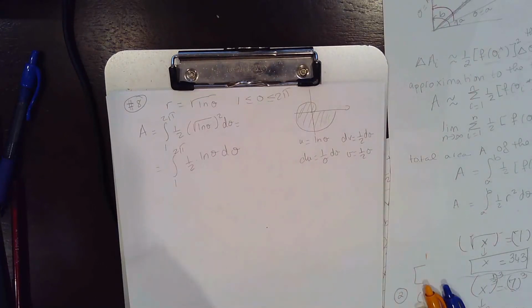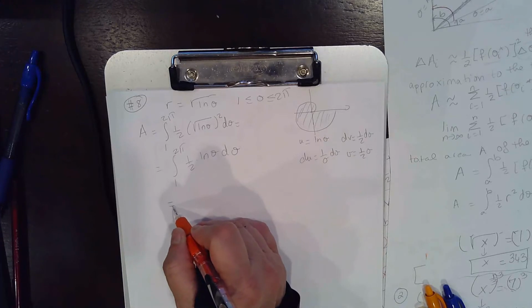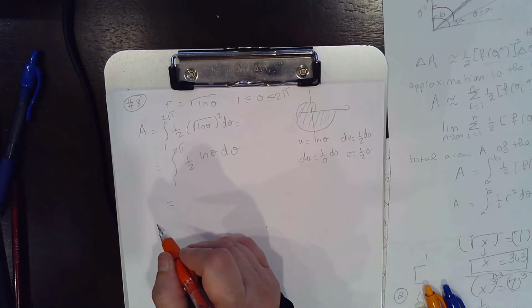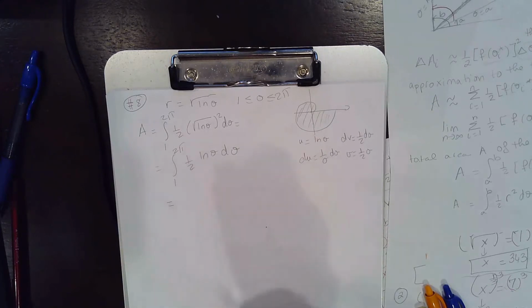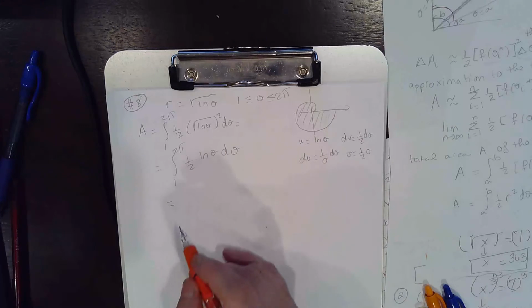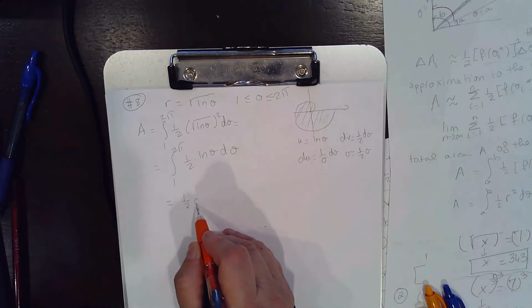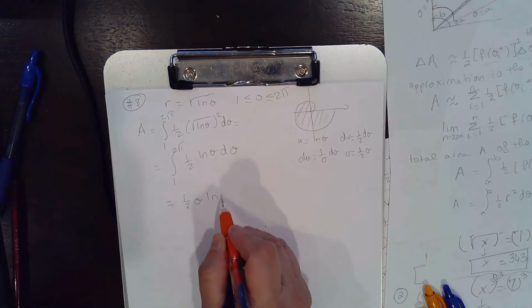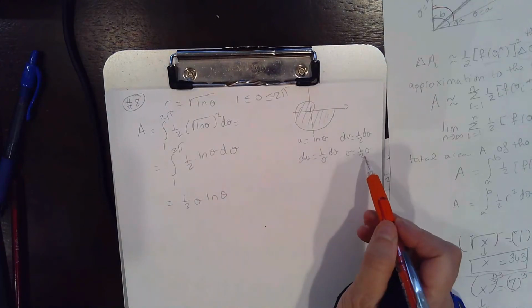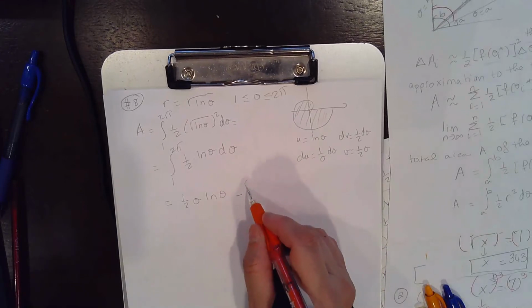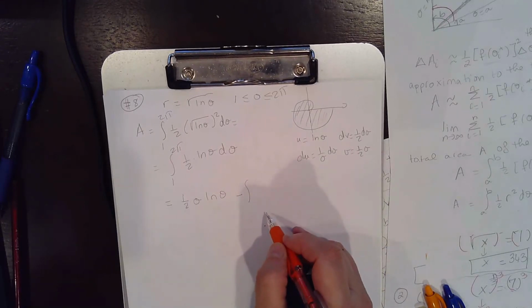So that gives us what? uv minus the integral of v du, right? uv is 1/2 theta ln theta, minus the integral of v du.